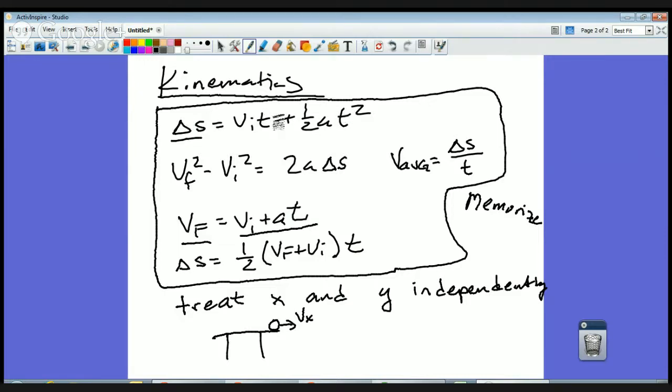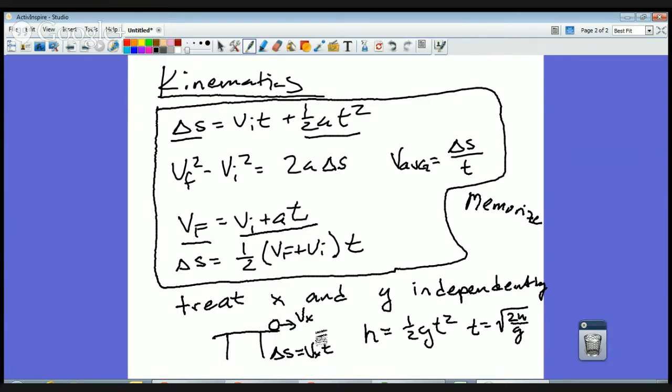The v_i is 0, so we just end up with h, the height of the table, is 1/2 g t squared, and t is going to be the square root of 2h over g. So that's how long it was in the air, and then if you want to know how far it went, use v_x times t.